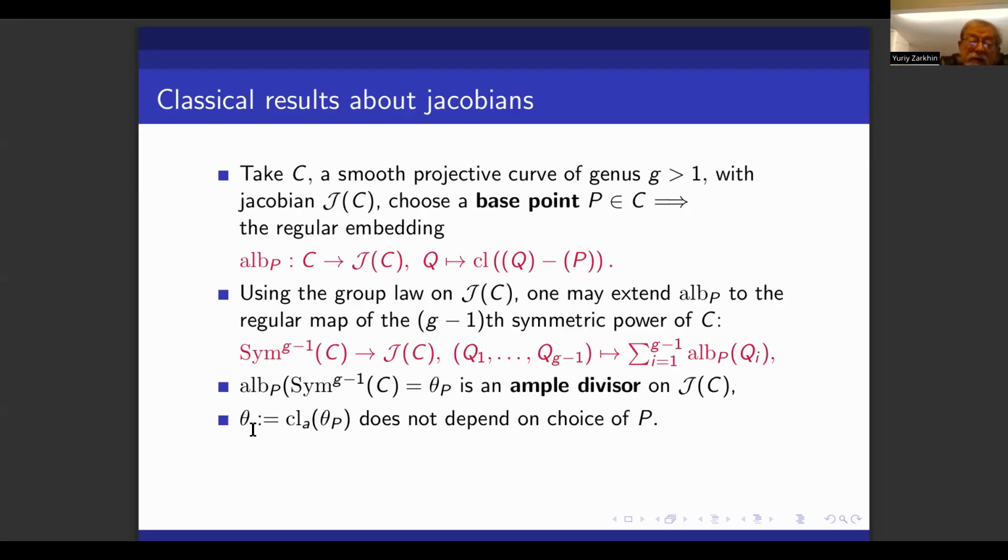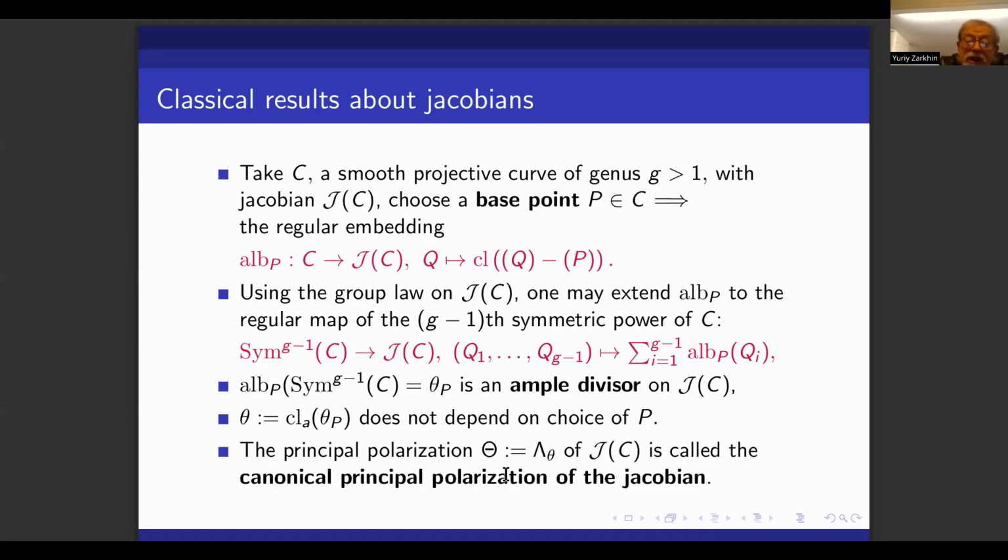Actually, the algebraic equivalence class of this theta_P does not depend on the choice of P. If you change P, you get just a translation of this divisor. The principal divisor, the capital Theta, which is lambda_Theta of J(C), is called the canonical principal polarization of the Jacobian.